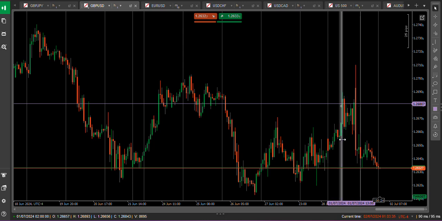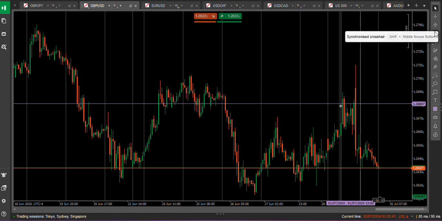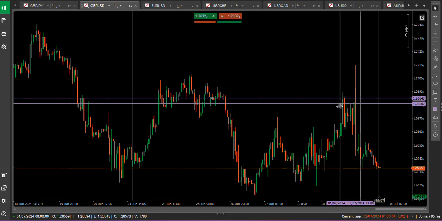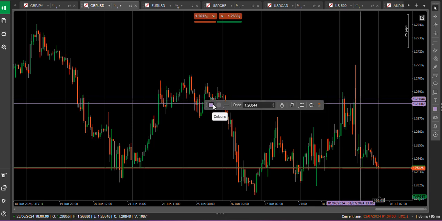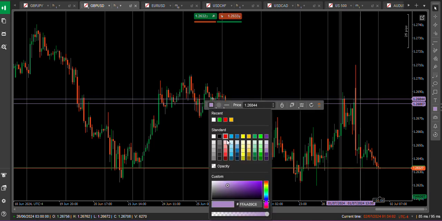If you look at it from this one up until this one, you just take your horizontal level. This one is already drawn, it's the new week opening. I'll use this one so that you see, but I'll change the color and make it red.